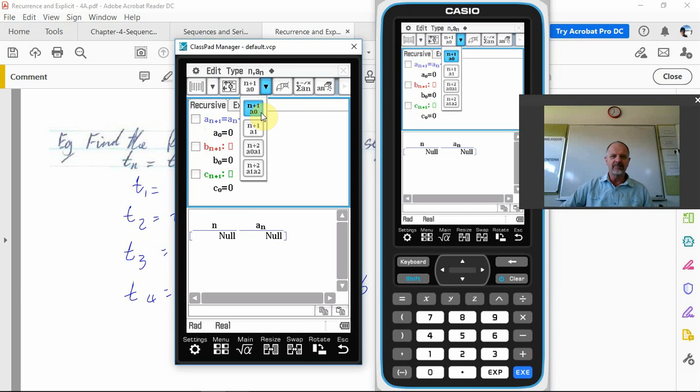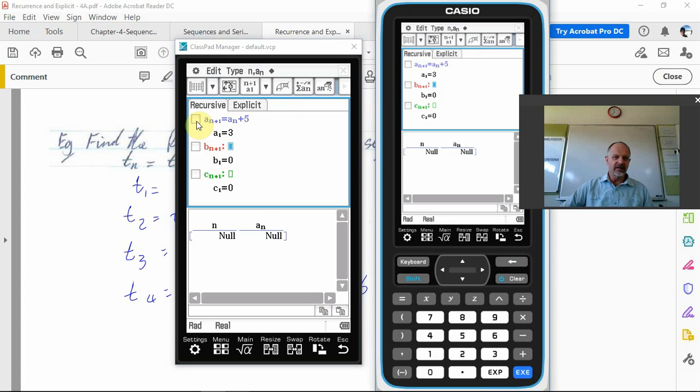See here, n+1 to A0, A1, so term 1. In this particular one, we have term 1, so I need to do that. So we have the previous term plus 5, and our first term was 3.